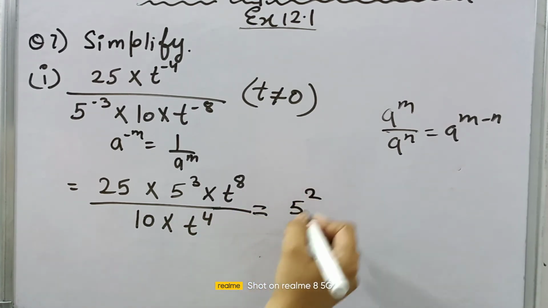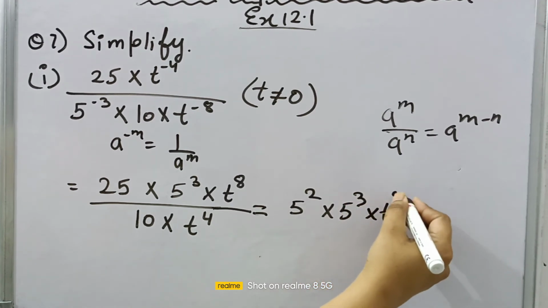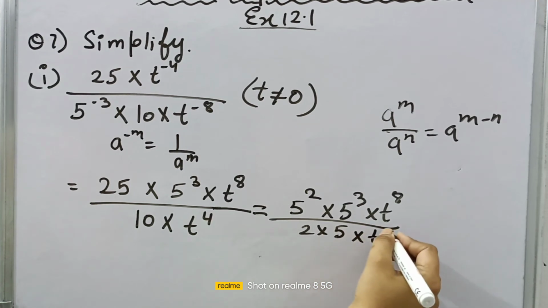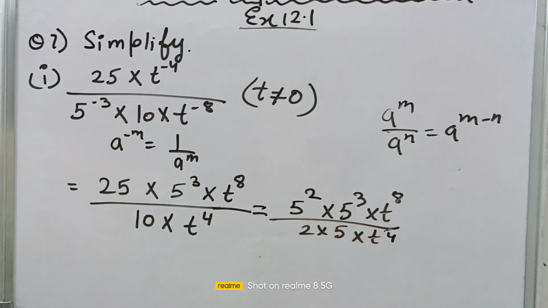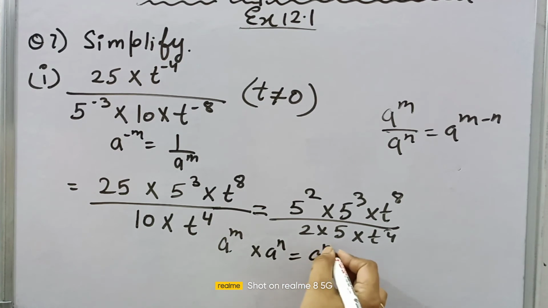This becomes 5 raised to the power 2 multiply 5 raised to the power 3. This is t raised to the power 8 upon 2 multiply 5 multiply t raised to the power 4. These are in multiplication, so we have the law a raised to the power m multiply a raised to the power n equals a raised to the power m plus n.